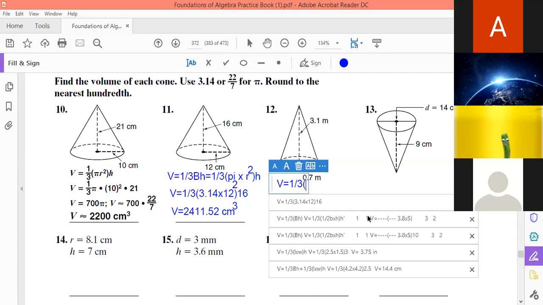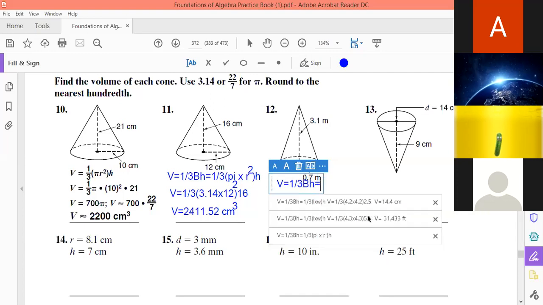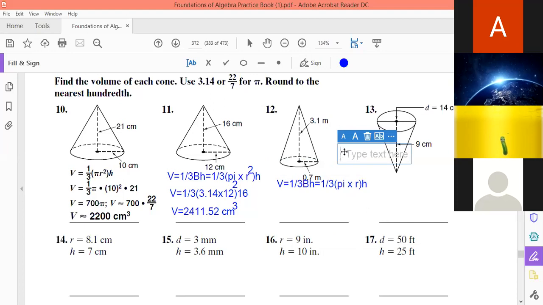You can say 1 over 3 into pi, multiply r square, and then times height. Here it's r square.